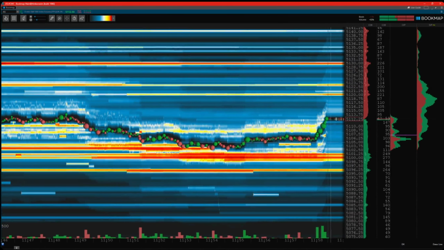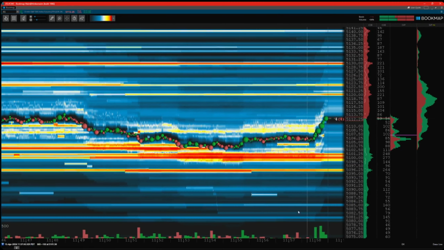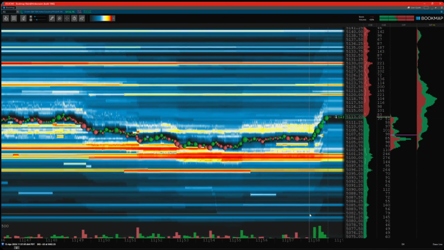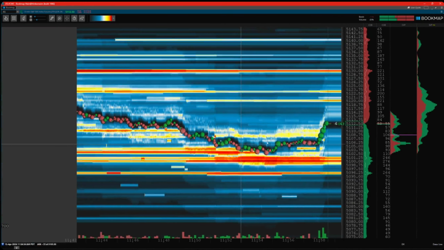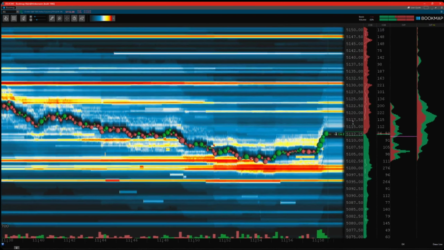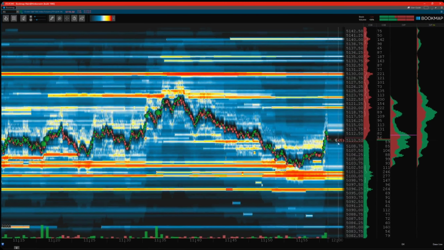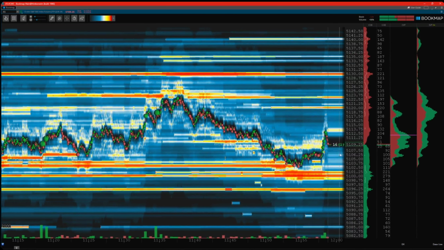Okay, so here obviously the buyers have defended it, right? Now you can get into a bullish stance and say that it's going to recover and continue higher. But you can see the sellers are just waiting to bring it back down, straight up.